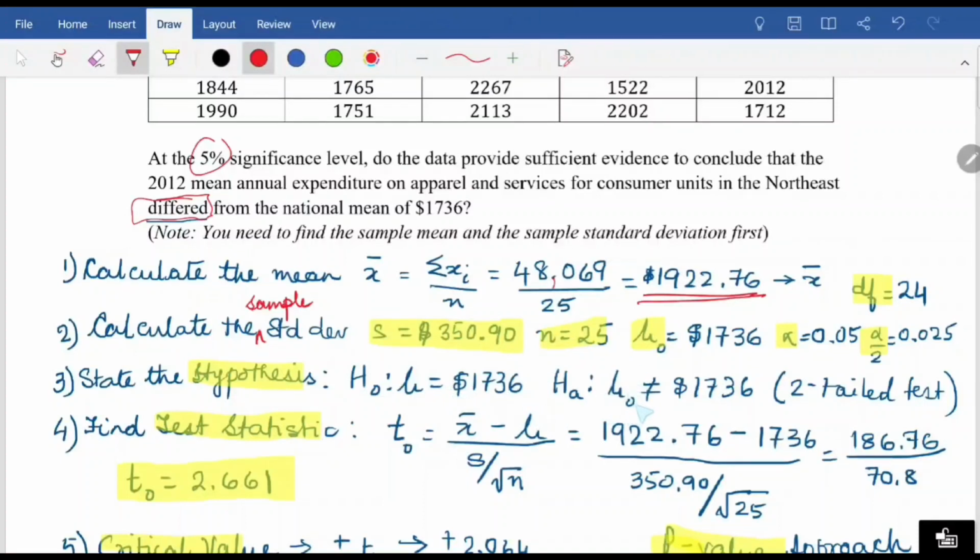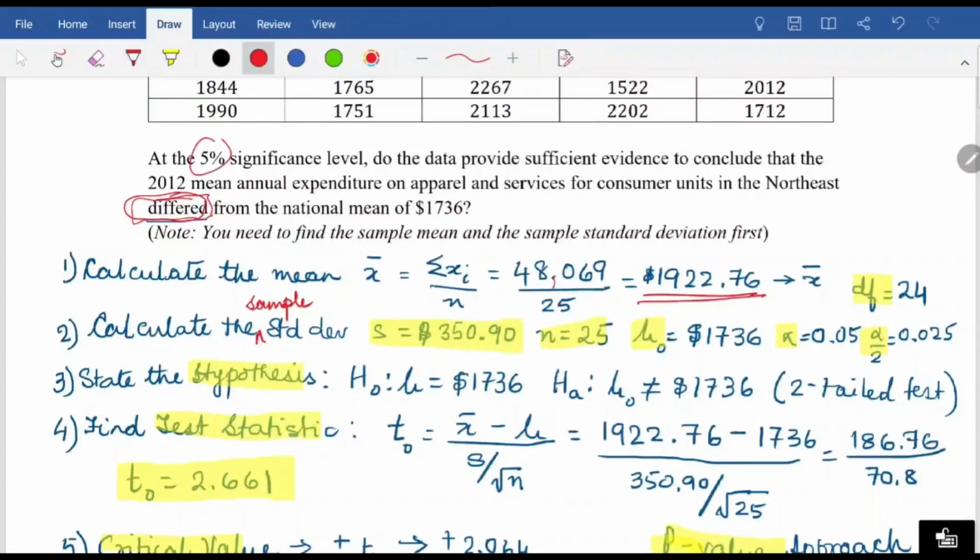Alternate hypothesis will state that the mean is not equal to 1736. How do I know it's not equal to? Why not less or greater than? Because in the question it says differed from the national mean. If it says different, or if it says it's not equal, you have to use the not equal sign in your alternate hypothesis. So that's going to make it a two-tailed test.